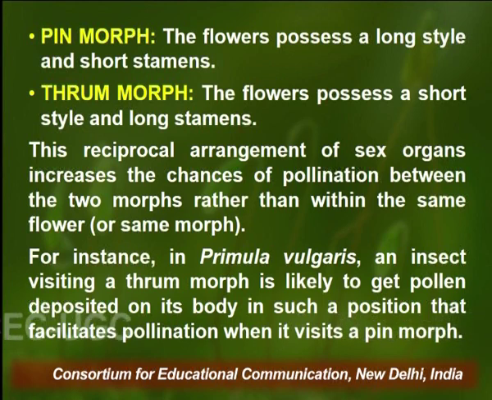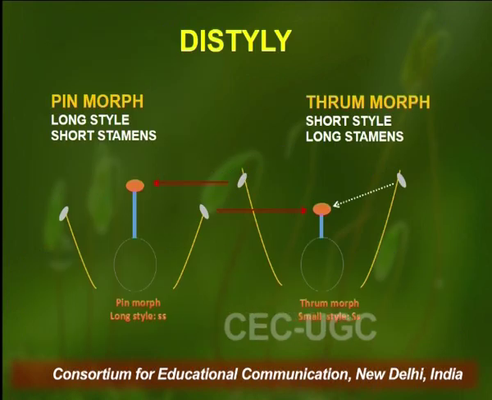For instance, we will be talking about Primula vulgaris here, which is an insect pollinated species. Now, when an insect visits a thrum morph, it is likely to get pollen deposited on its body in such a position that facilitates pollination when this insect later visits a pin morph.